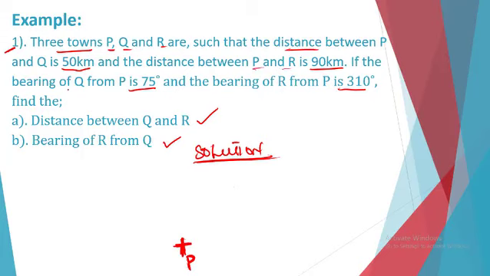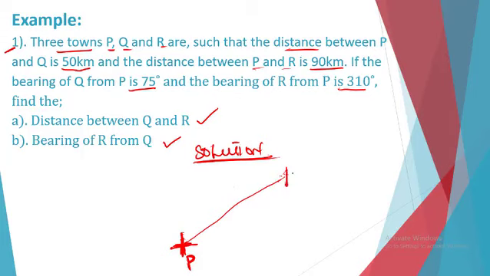It says the bearing of Q from P is 75. So the bearing is at P. Now let us start. Let's count 75. Remember, from here to here is 90, so let's assume that from here to here is our 75. We'll draw it and stop somewhere there.